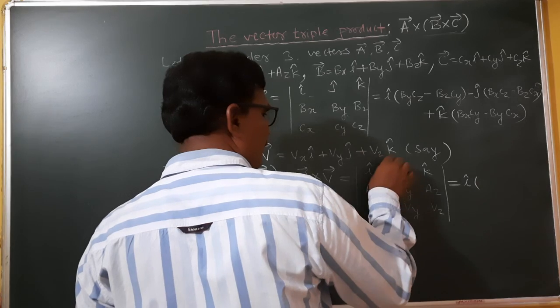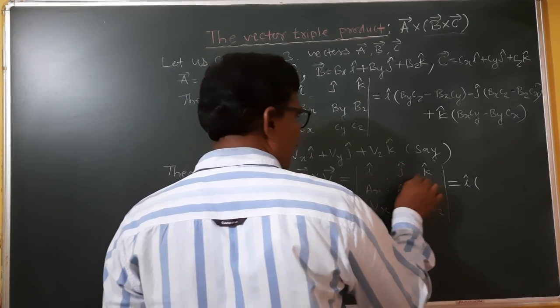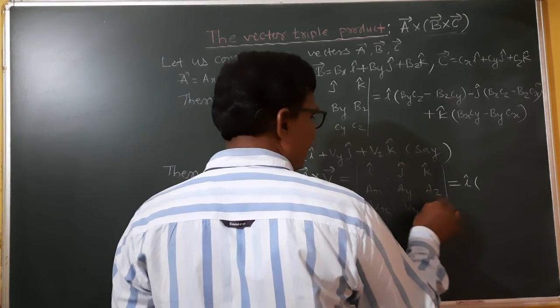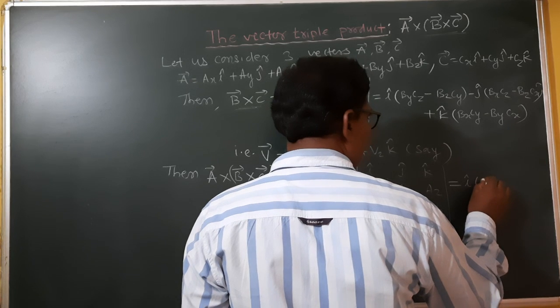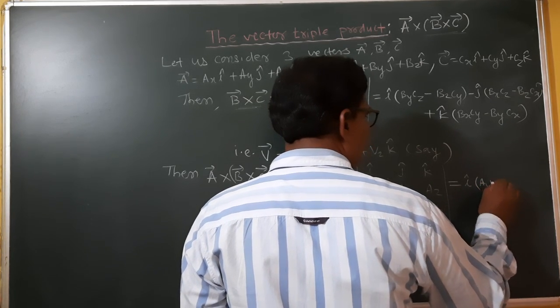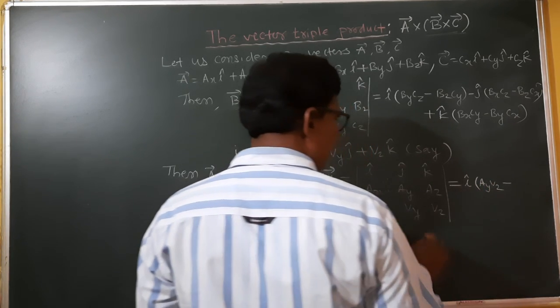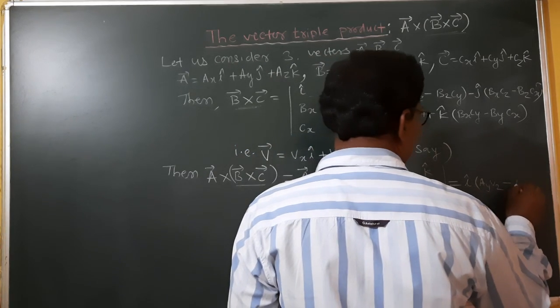For the first component, removing the first row and column and multiplying, that is Ay Vz minus Az Vy.